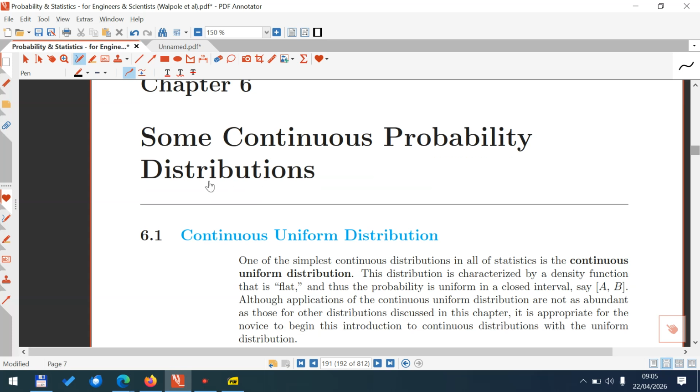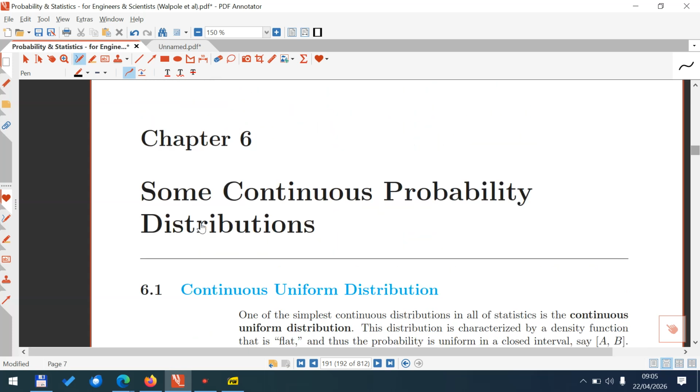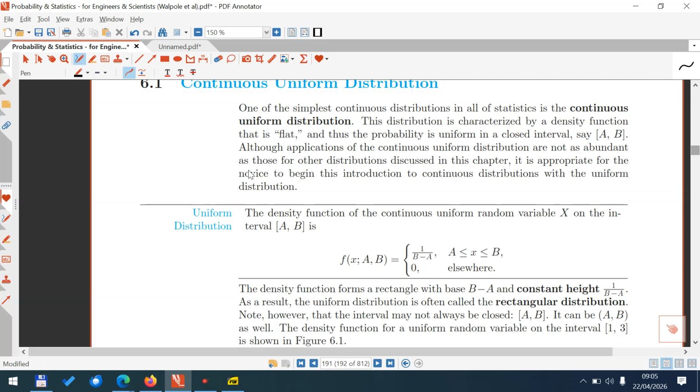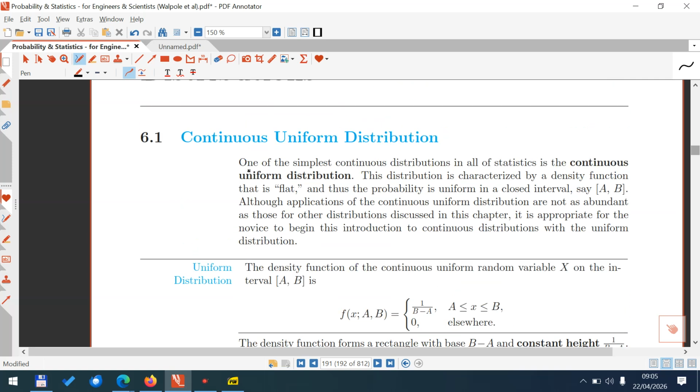But what we need in this chapter is that there are some common distributions which are continuous, and we need to be aware of them. Similar to the list we had for discrete, like we had geometric, hypergeometric, Poisson, we need a similar list of common distributions for continuous. And the most common distribution you see in literature is called the uniform distribution.